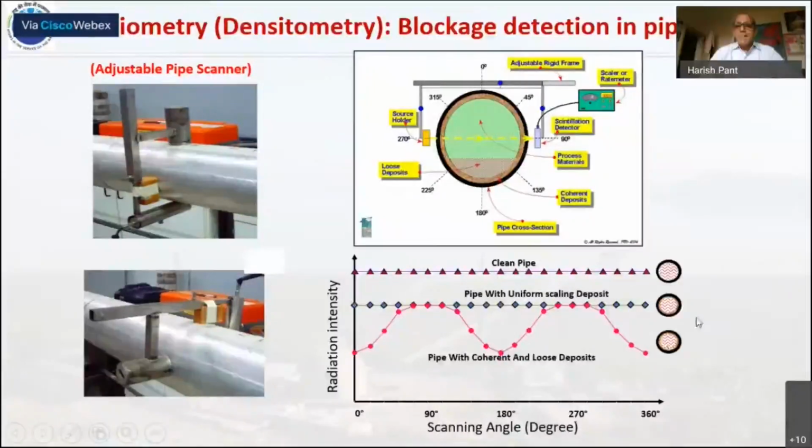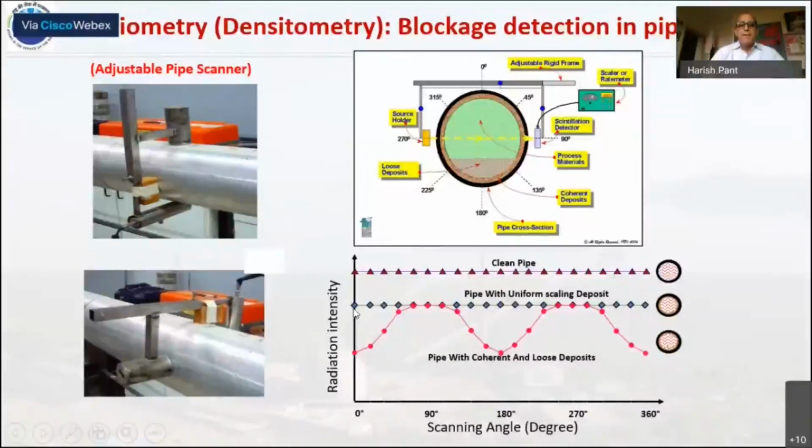But let us say there is uniform scaling inside the pipeline. Generally, when crude oil or any organic fluids are transported through the pipeline, there is scaling of the material. That is, wax gets deposited on the inner surface. In those cases, again, this kind of scanner is used to identify the extent of the scaling.